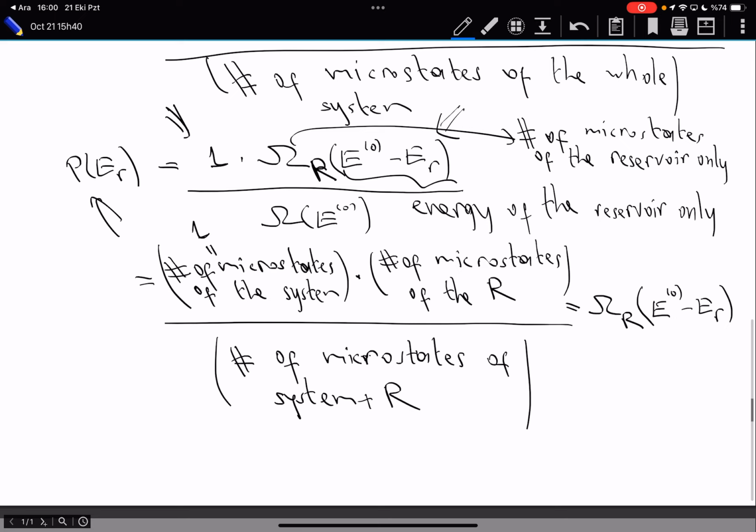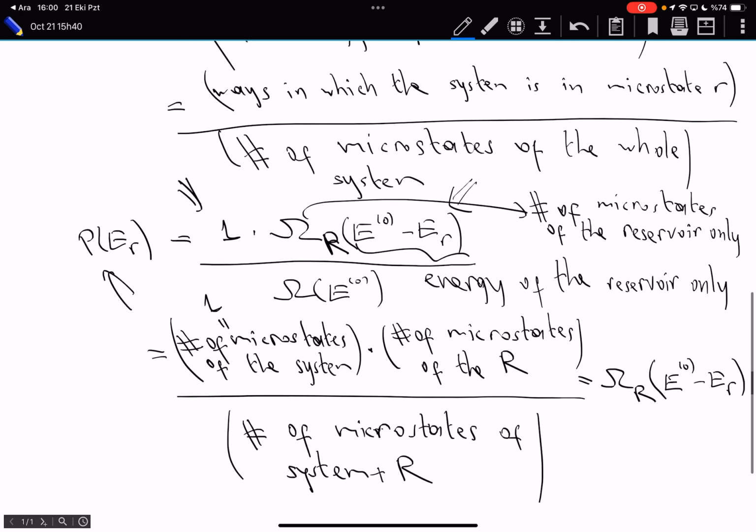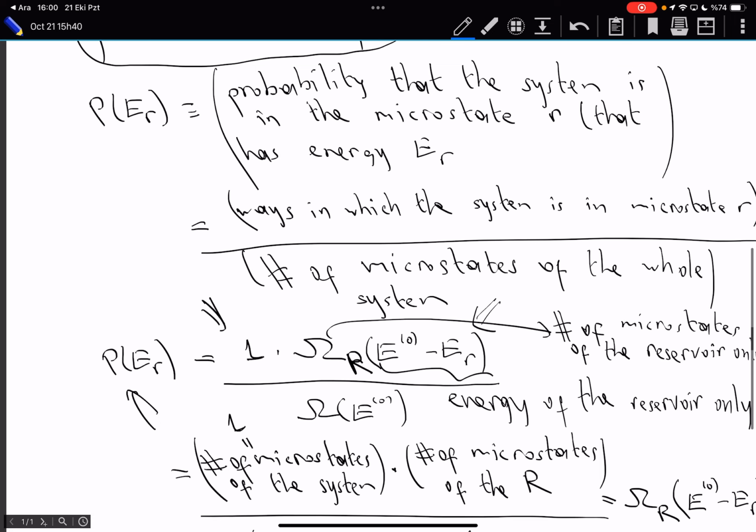If we say P of ER, and that energy level has different states, as a degeneracy, then that probability statement might not be true. Maybe we should do PR. Well, that is why I wrote this explicit definition here.